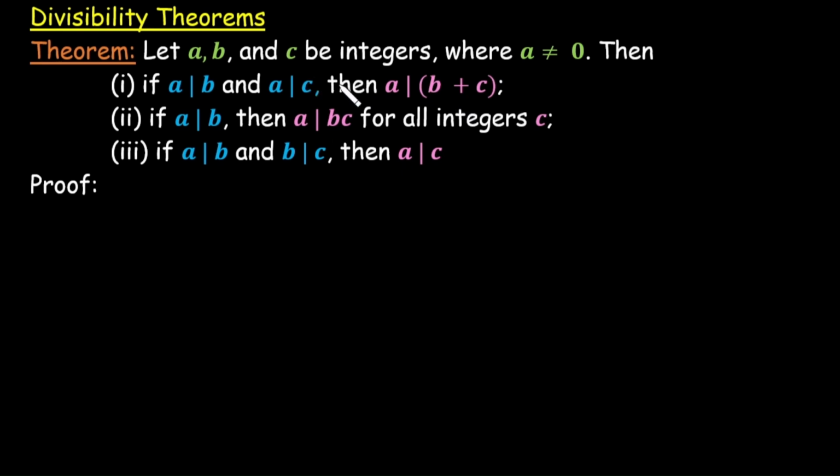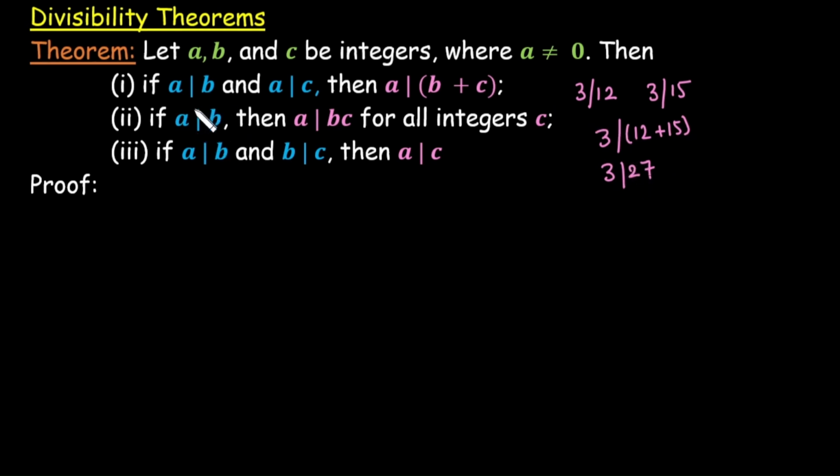First, if A divides B and A divides C, then A also divides their sum, that is B plus C. For example, 3 divides 12 and 3 divides 15. Now check whether 3 divides 12 plus 15. Yes, because this is equal to 27 and 3 divides 27.